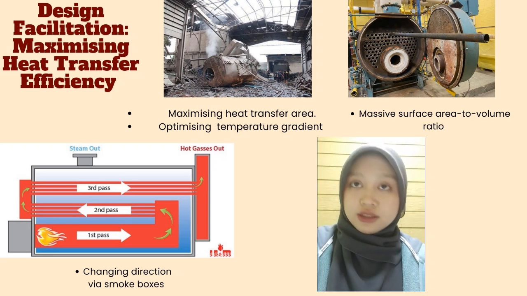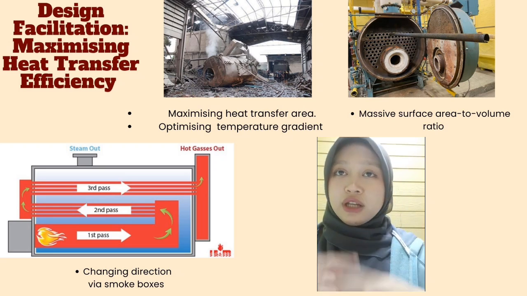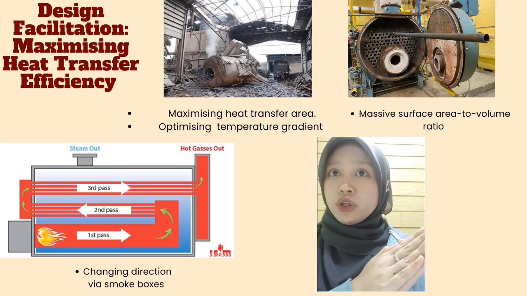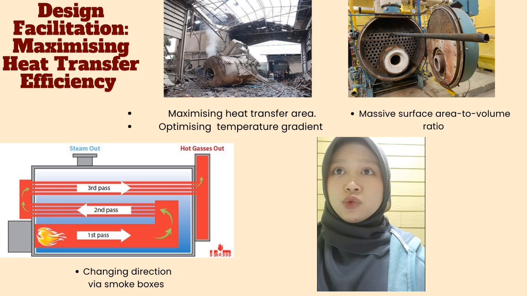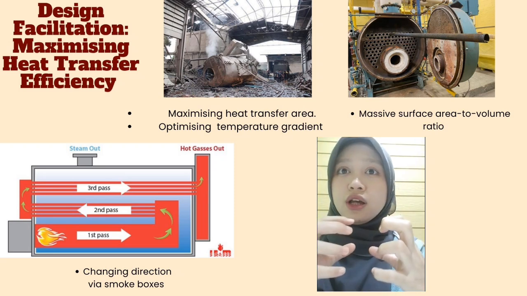Now for the last design element, number three, water circulation and boundary layers. On the water side, the heat transfer occurs through a process called nucleate boiling. The water surrounding the tubes absorbs the heat conducted through the tube wall.